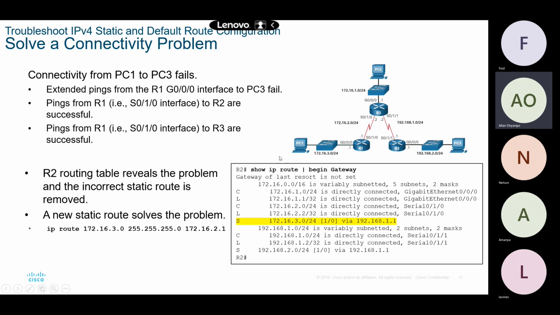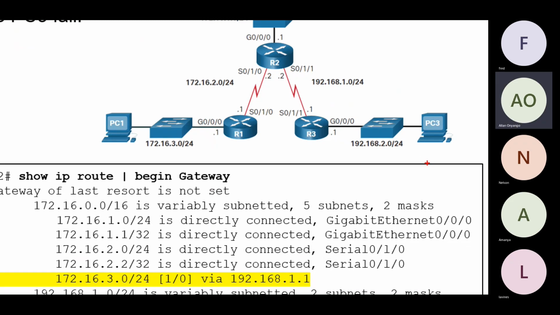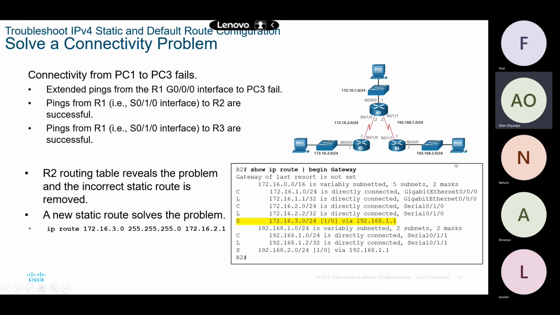Most probably, if you look at the static routes configured here in R2, 172.16.3.0 is not there. R2 does not have this network.